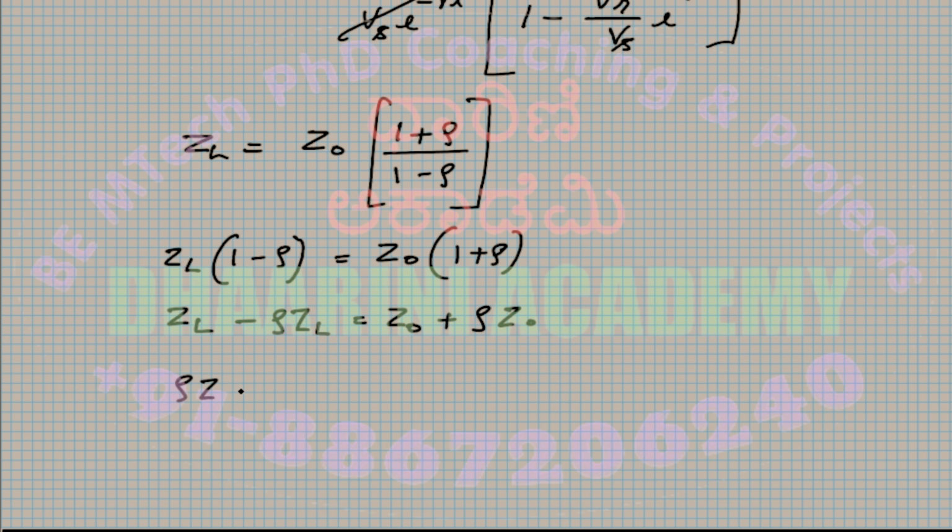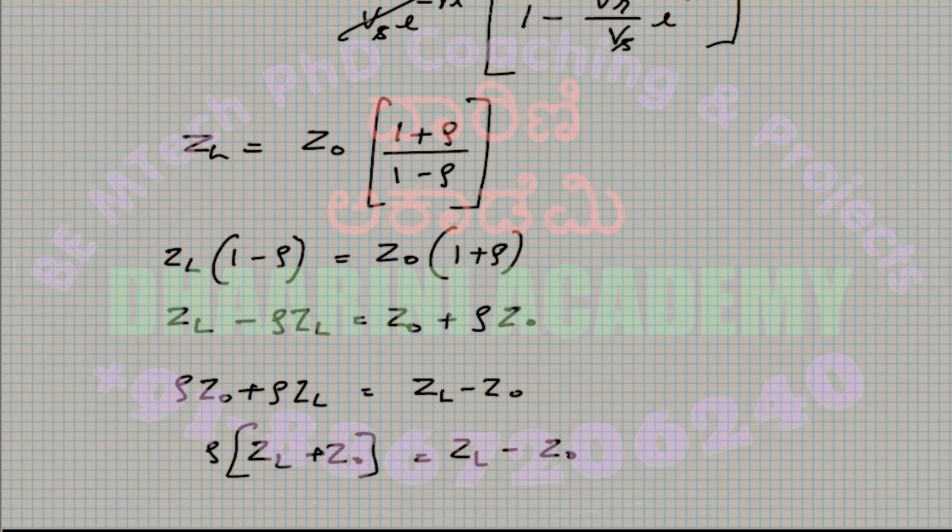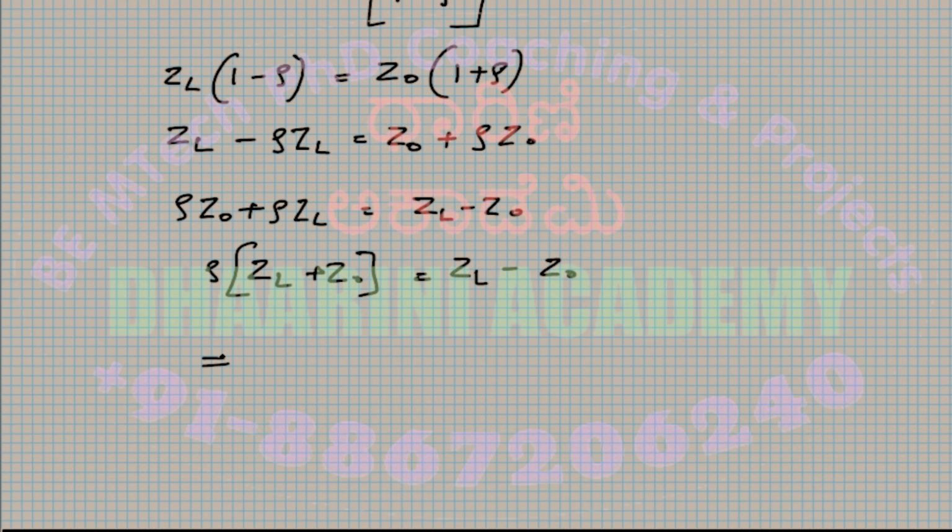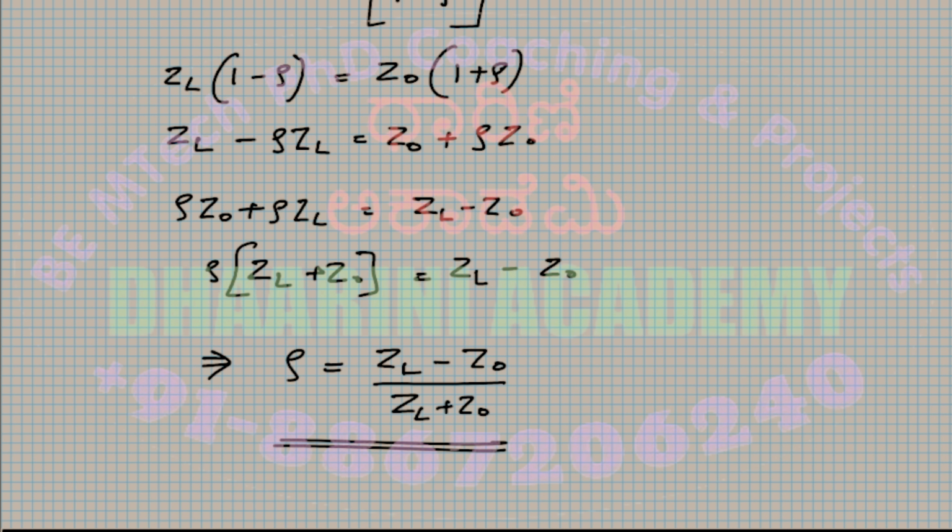Rho times Z naught plus rho times ZL is equal to ZL minus Z naught. So rho times (ZL plus Z naught) is equal to ZL minus Z naught. That implies I can calculate rho as (ZL minus Z naught) divided by (ZL plus Z naught). So this is what we were looking for, the reflection coefficient.